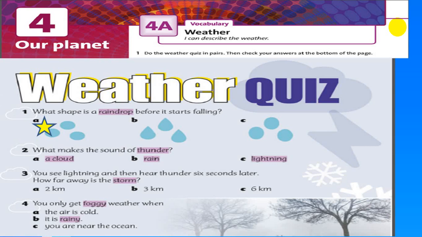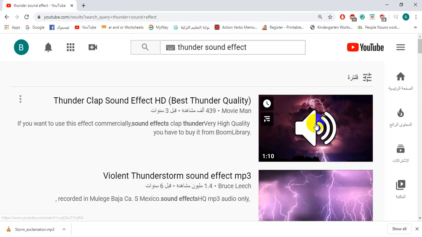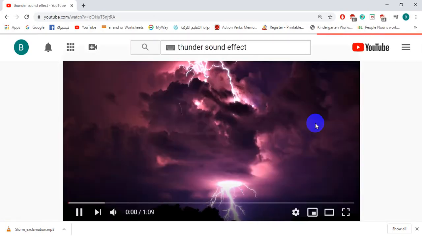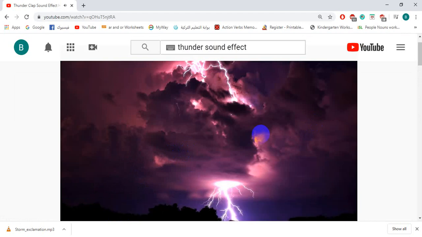2. What makes the sound of thunder? You might ask me, what is thunder? Well, thunder is the sound which accompanies the lightning. You hear the sound? This is the thunder.